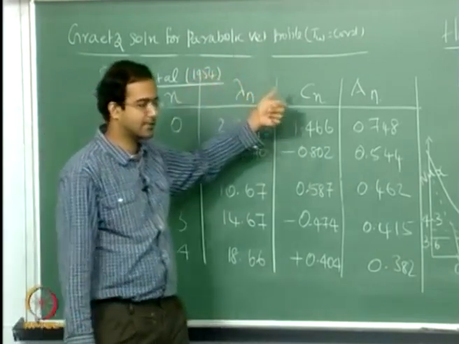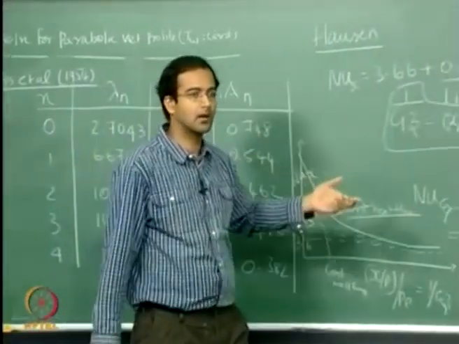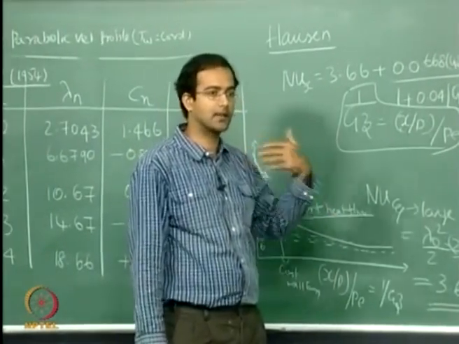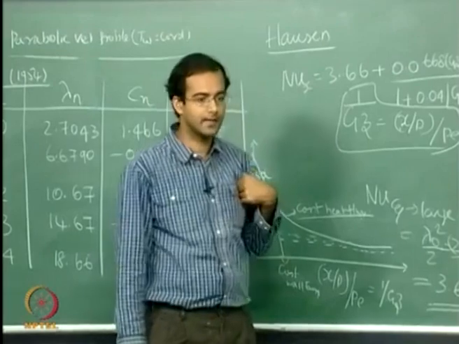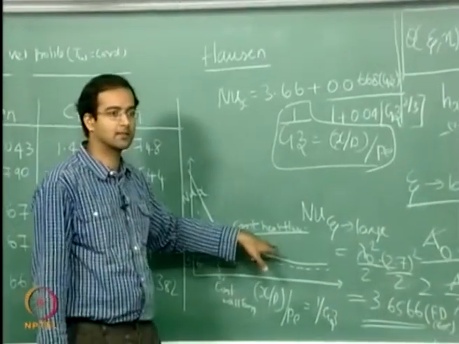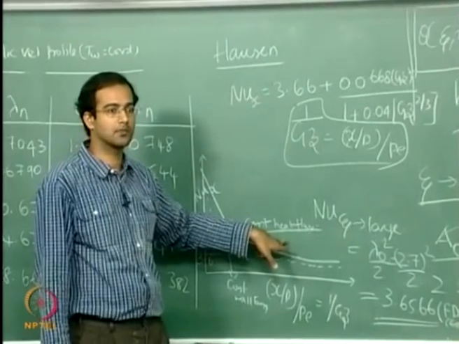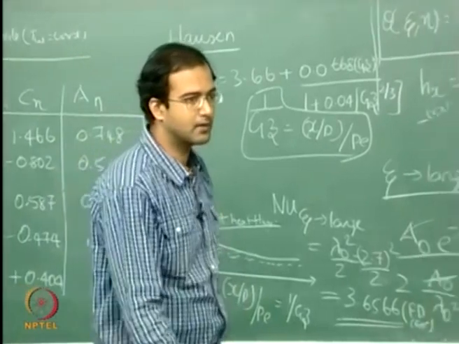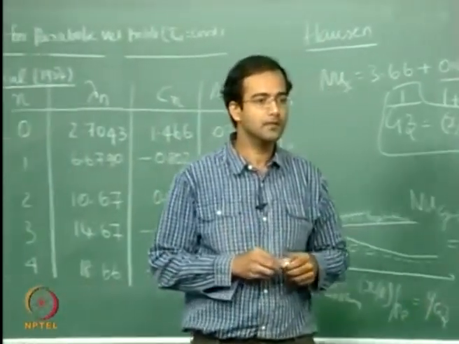The other extension is for a non-uniform wall temperature, where you can have a linear axial variation of wall temperature, or a constant heat flux boundary condition. These were also proposed by Sellars.